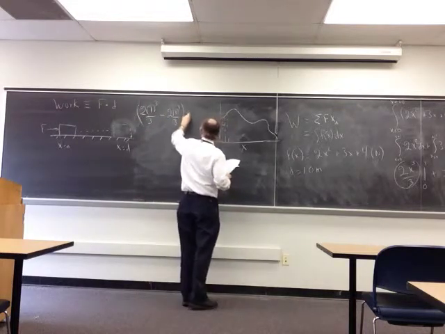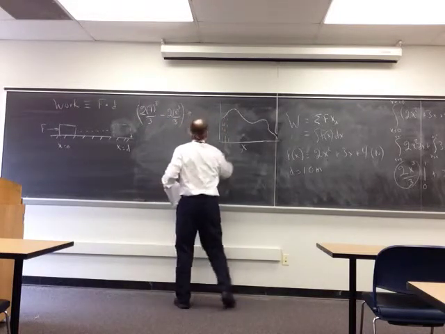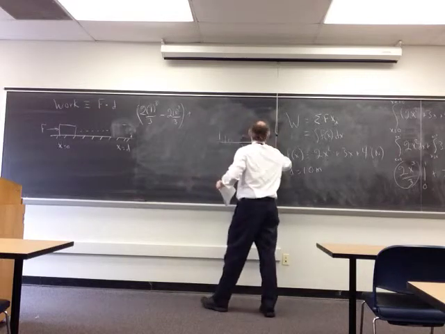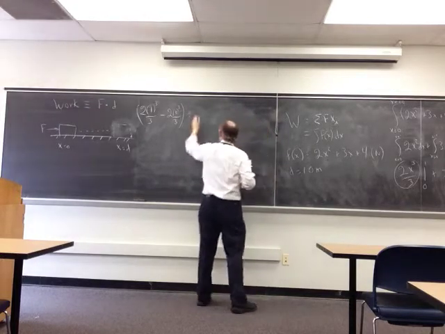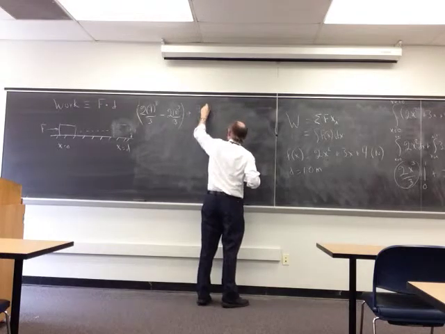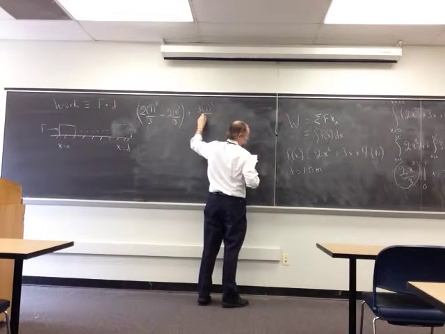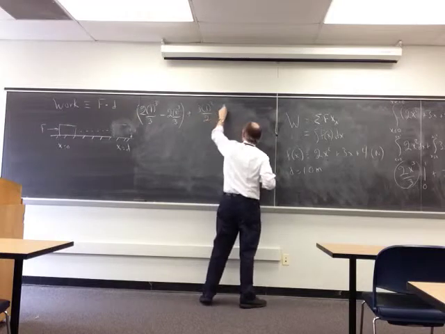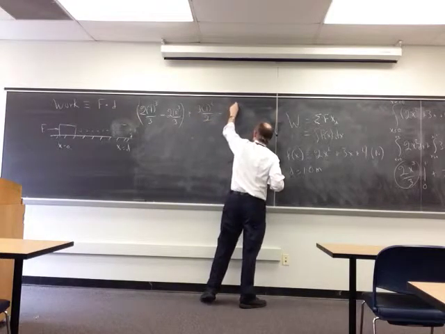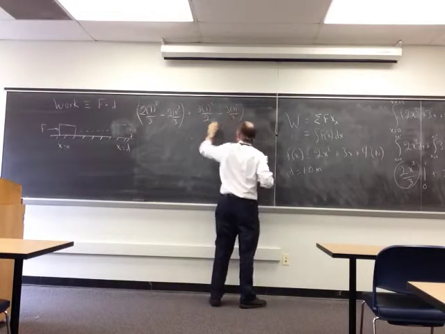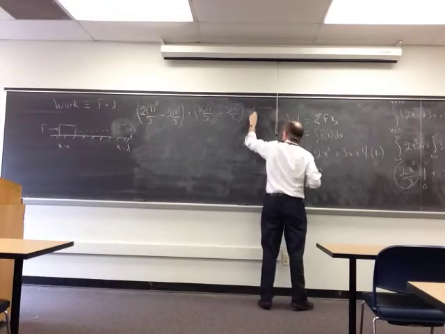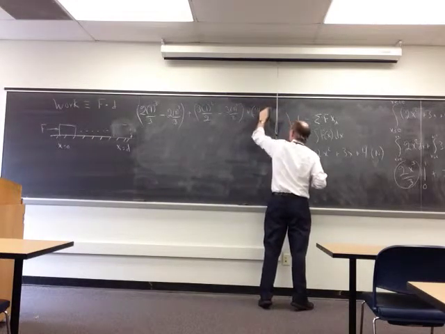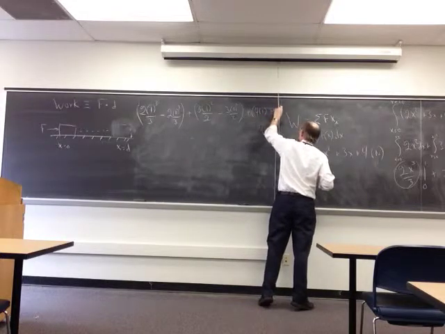And then we're going to add to that the next part of the function, 3 times 1 squared over 2 minus 3 times 0 squared over 2, plus 4 times 1 minus 4 times 0.